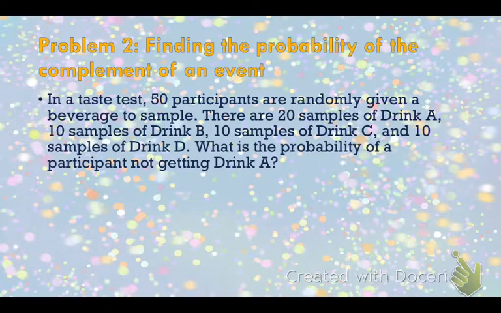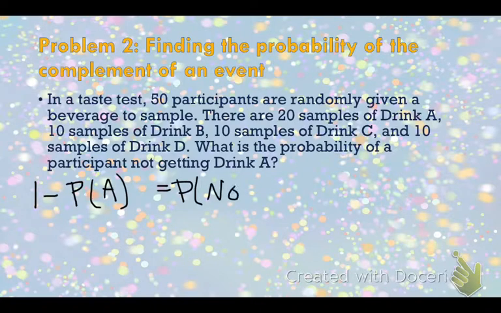So in order for me to figure that out, I am going to do 1 minus the probability of somebody getting drink A. And that will tell me the probability of getting not A.